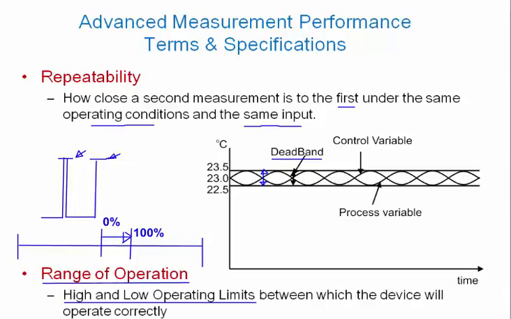Now in some cases that deadband can be reasonably large, a relatively high proportion of the span that we choose on a poor instrument. On a good instrument, deadband is very, very small, perhaps immeasurable. But again, we need to know what that is.